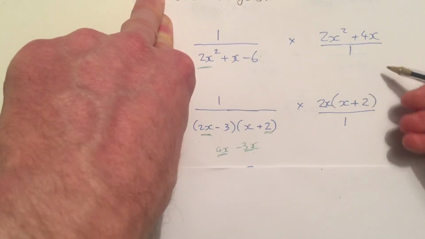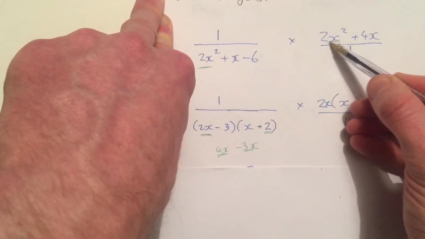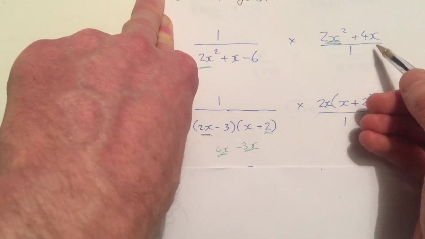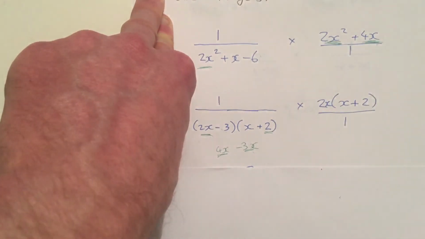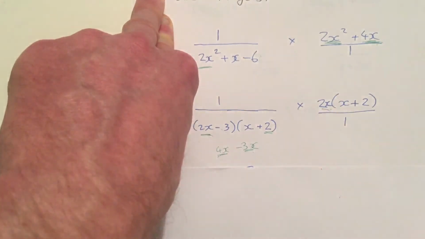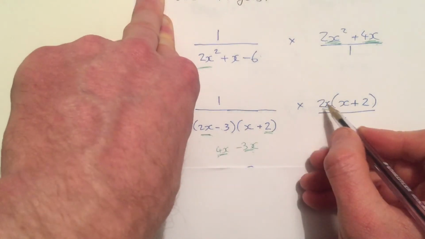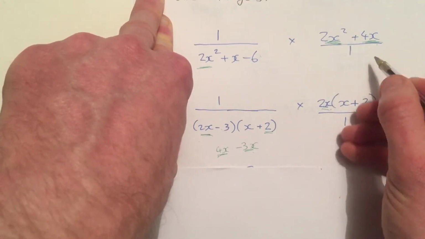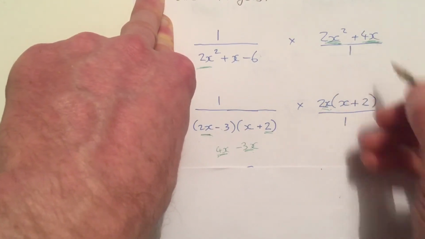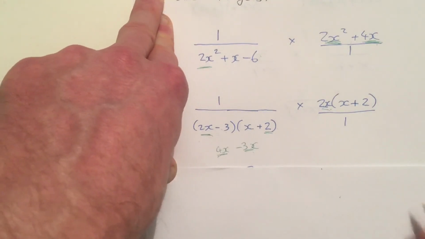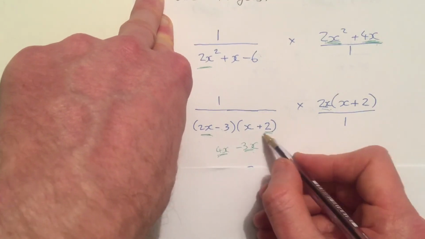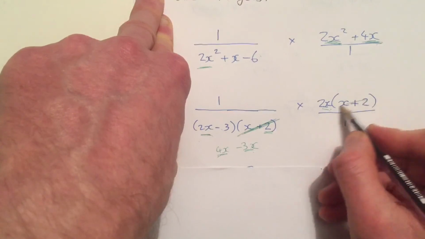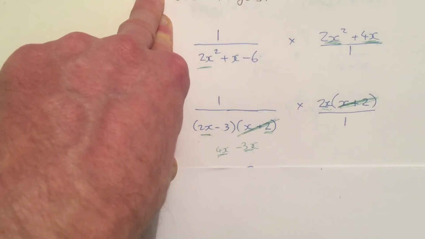Over on the right hand side here, I can see 2x goes into 2x squared and 2x goes into the 4x, so I can factorise 2x outside. 2x times x gives me the 2x squared. 2x times 2 gives me the 4x. And now I can see x plus 2 here cancels out.